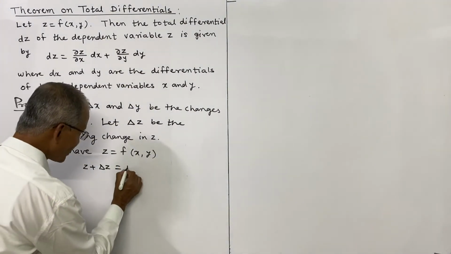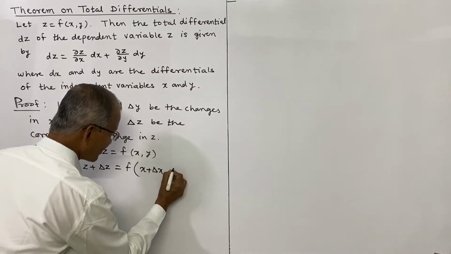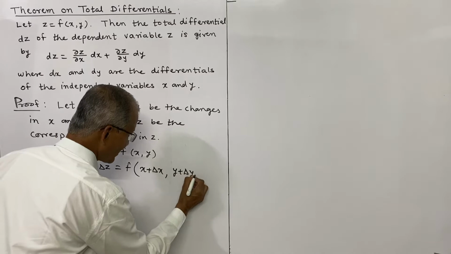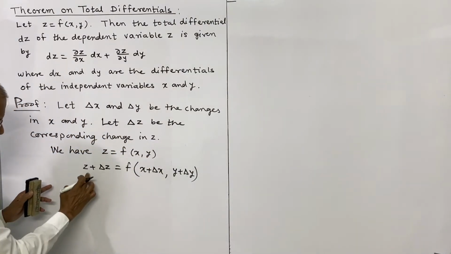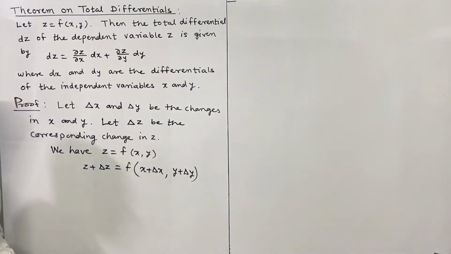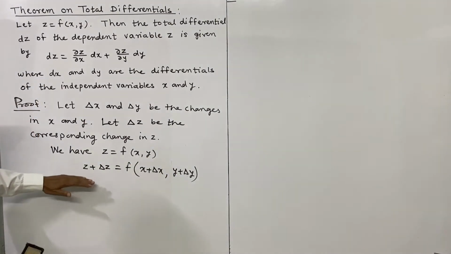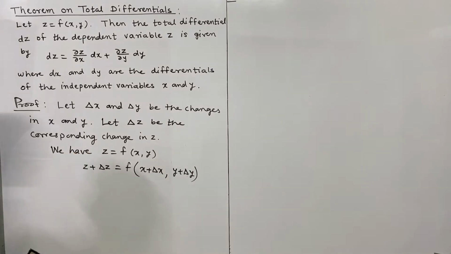So therefore this will be a function of x plus delta x and y plus delta y. So we have added the corresponding changes in these variables: z plus delta z, x becomes x plus delta x, y becomes y plus delta y. So this is the new function, this is the original, and this is the function obtained after the changes which happen in x and y first.